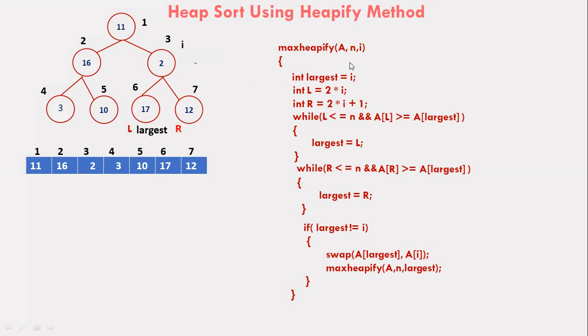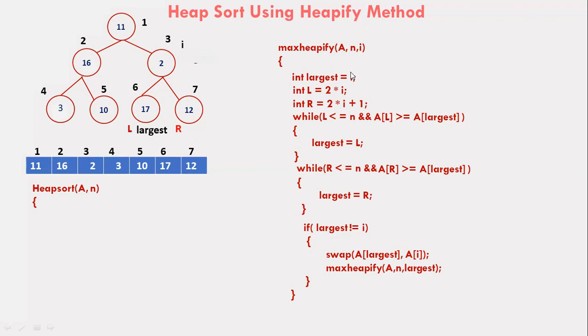Now let us write the method for heap sort. The function name we are taking is heap sort. Array name is A and N is the number of elements. Now this is the heapify method we are going to do for largest I value. We use the heapify method in building as well as in the deletion.